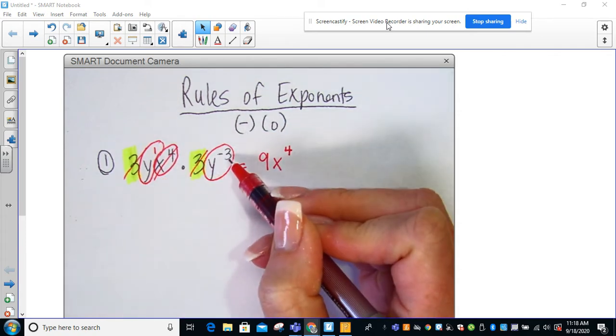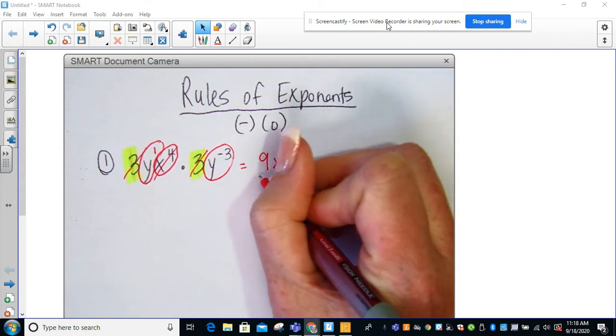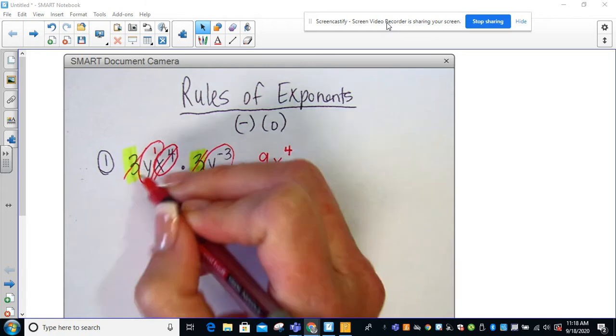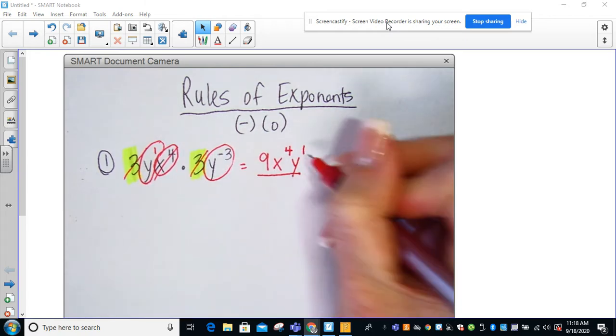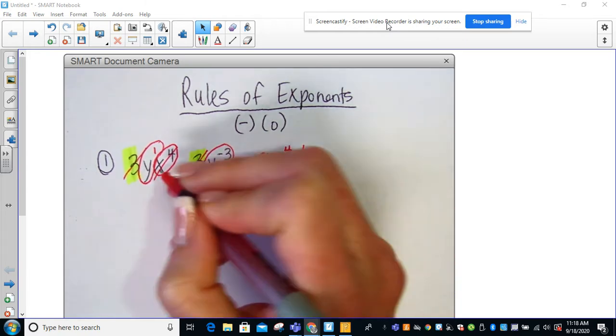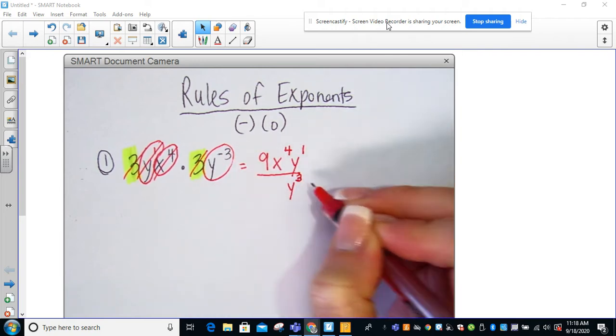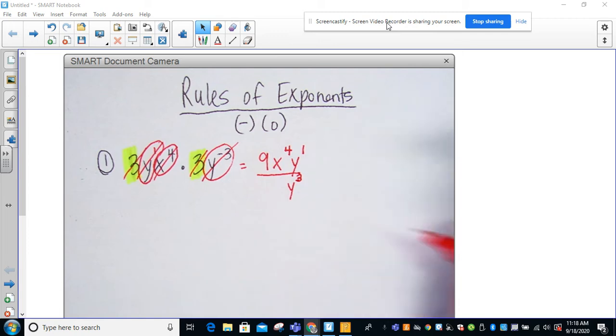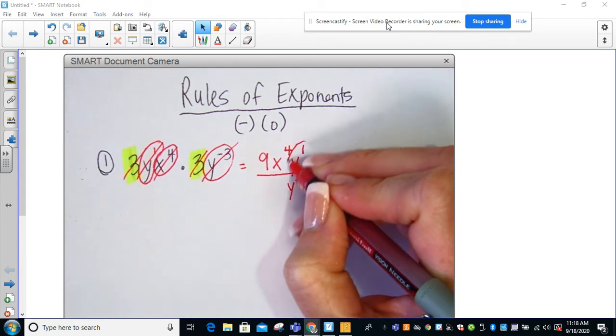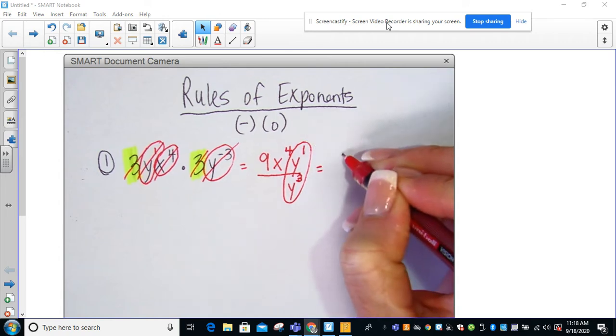So here's this one and this one. Now, anytime you have a negative exponent, it has to be moved to the other side of the fraction. So you need to make a fraction. This one is positive, so it's going to stay on the top. Y to the first, gone. Y to the negative third needs to move to the bottom, and when it moves to the bottom, it becomes positive. So now we can go one step further because we have a y on the top and a y on the bottom.